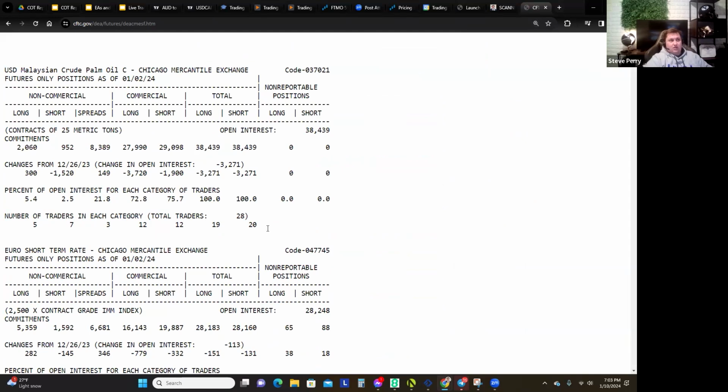That's all it is in a nutshell. It's a report from the CFTC, and it shows us if the banks are buying the euro or selling the euro, buying the British pound or selling the pound, and so on.